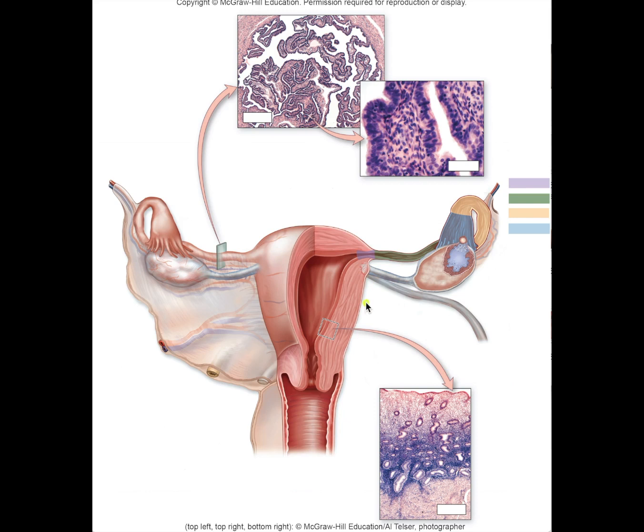Then we have the broad ligament. Just like we had the mesenteries surrounding our abdominal organs, we have a mesentery-ish type membrane that surrounds the uterus, and it almost looks like bat wings around the uterus here. You can see that there are embedded structures.